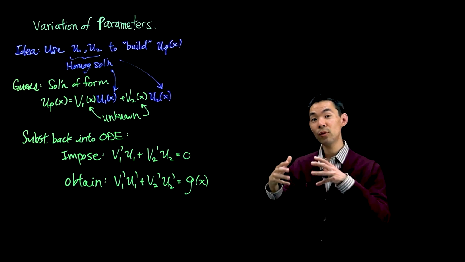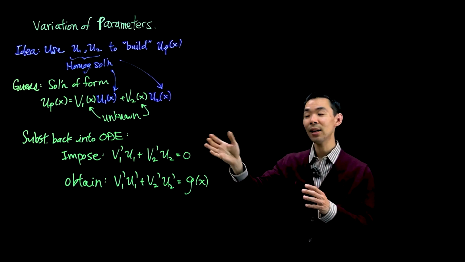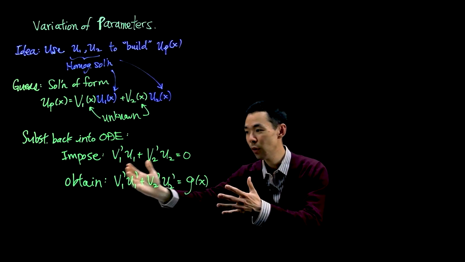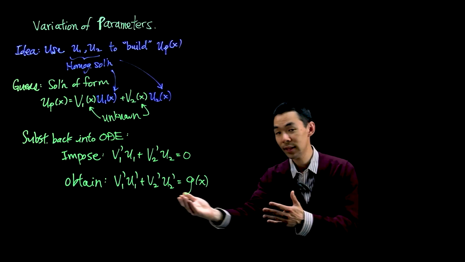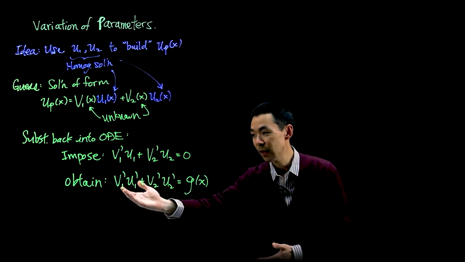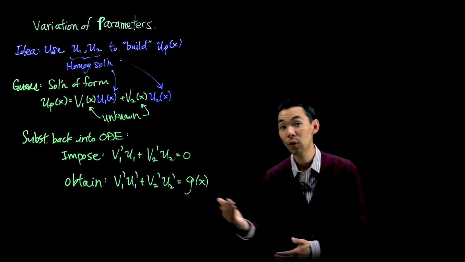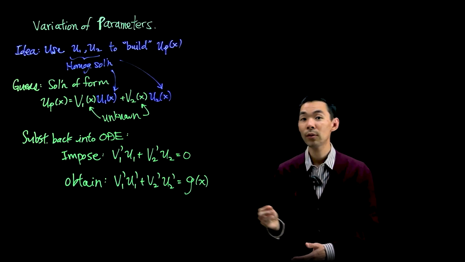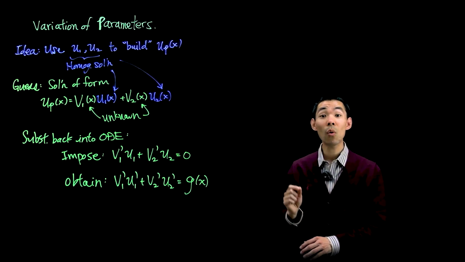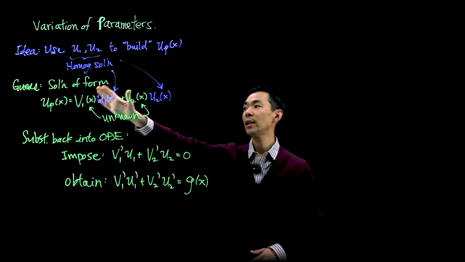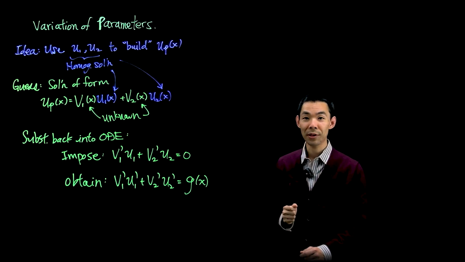And then when you do some simplification, your original ODE will whittle down to this equation right here on the bottom. The derivatives of v1 u1 plus v2 u2 must be equal to g of x. This is the equation that's required for this guessed form of the solution to satisfy the ordinary differential equation.